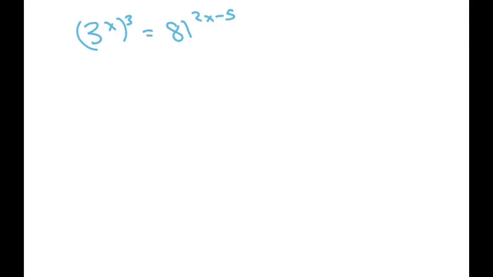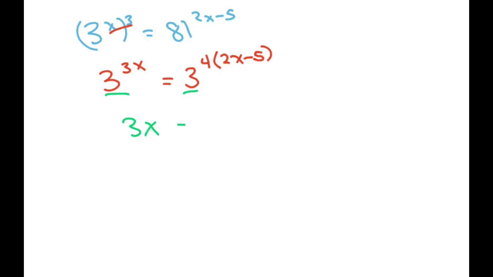Okay, next one. I'm going to take care of this. This is x to the 3x because I'm just multiplying those two. And this is 3 to the 4th. 81 is 3 to the 4th. And then you multiply 4 times your power here. Since my bases are the same, I can set my exponents equal. It's going to be 8x minus 20.